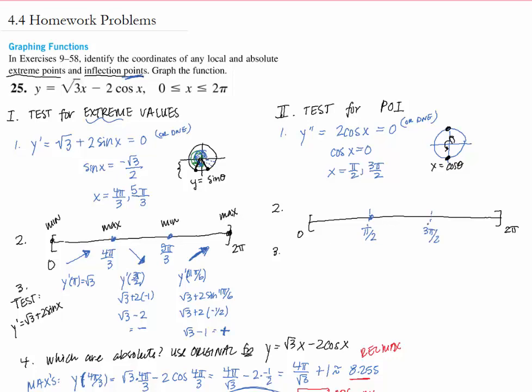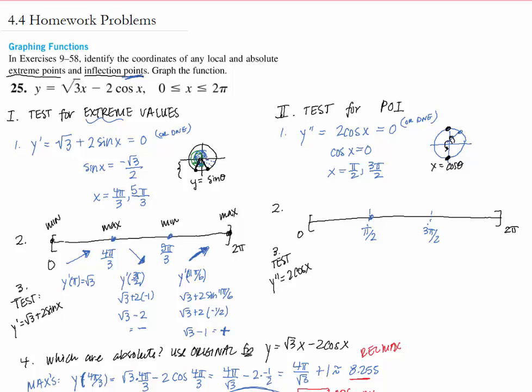We're interested to know if these are actually points of inflection of the function. So now, instead of testing the first derivative for increasing, decreasing intervals, we're going to test the second derivative, 2 times the cosine of x, to investigate the concavity of the function. From 0 to pi over 2, we have to pick some point there to test, so you get any of the options 3, 4, or 6 in the denominator.